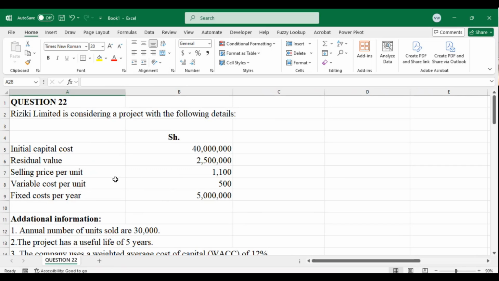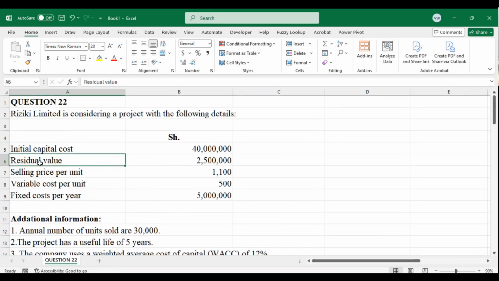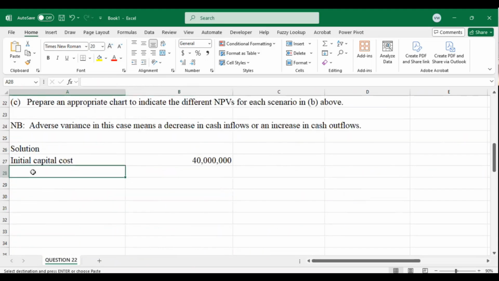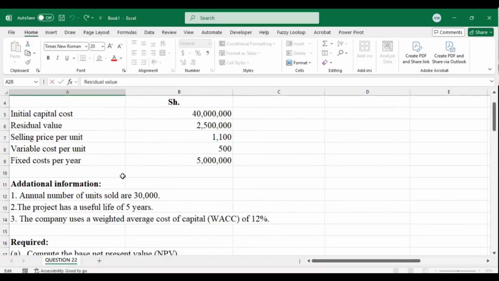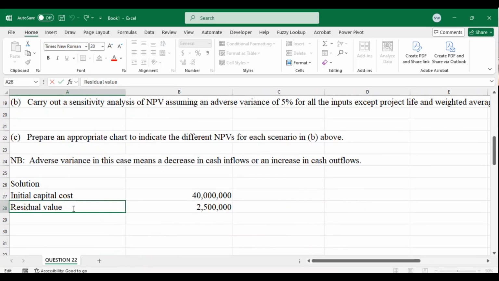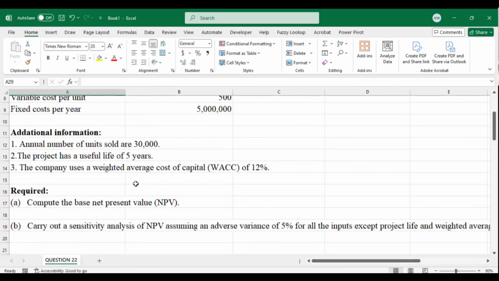Then the next item we have is the residual value, which in this case is equivalent to our terminal cash flow. Because this project has a life of 5 years, this residual value is the value at the end of year 5.